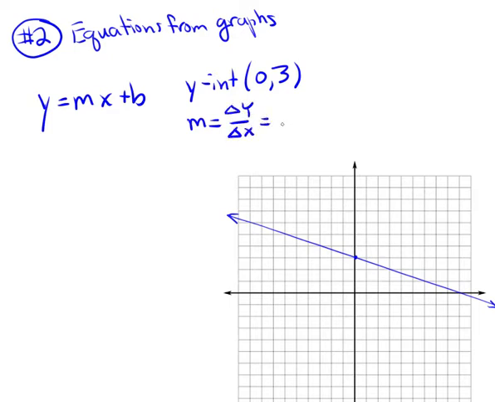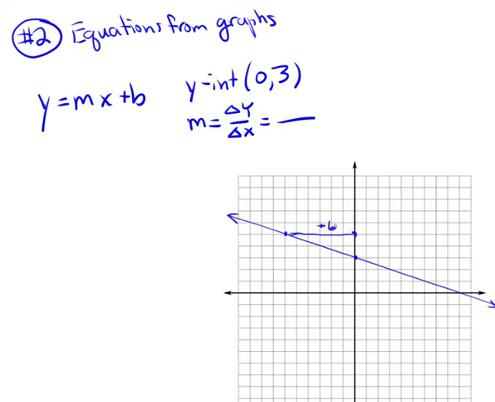So we want to make sure we write that down every single time so we don't switch them, because the change in y has to be on top. So we need to find 2 points that are nice crosshairs, and I see one right here. So I will choose that point and that point. Now the change in y, I'm going to go over 1, 2, 3, 4, 5, 6, and that's a positive 6.